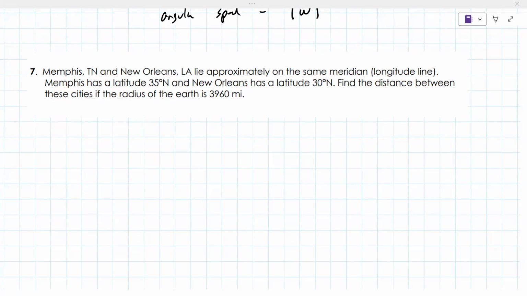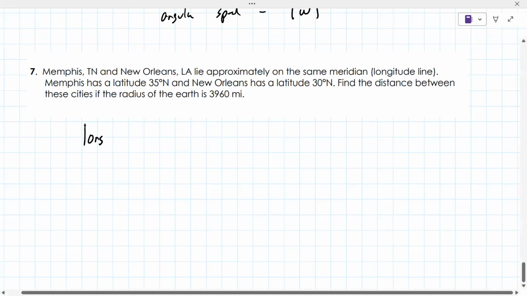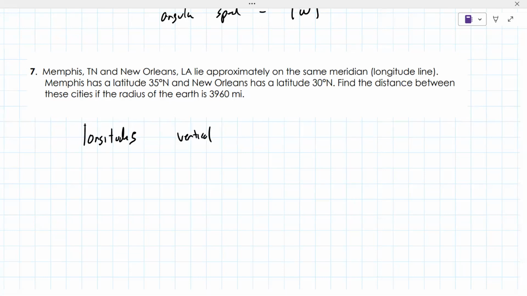Longitudes are vertical and latitudes are horizontal. And there are great images out on the web, which I think are worth remembering. Here's one that I like.